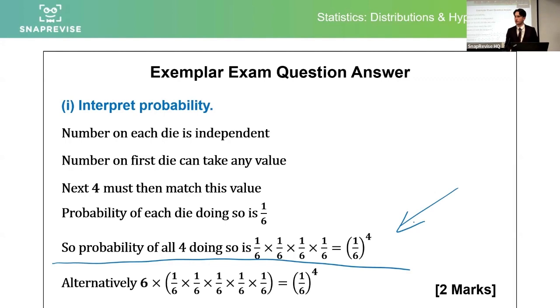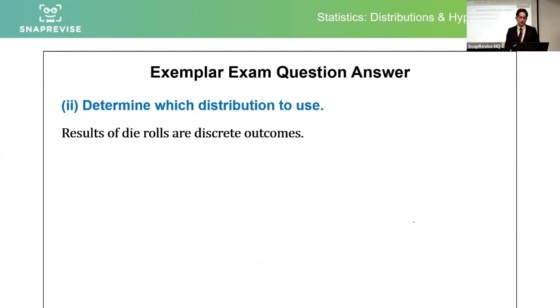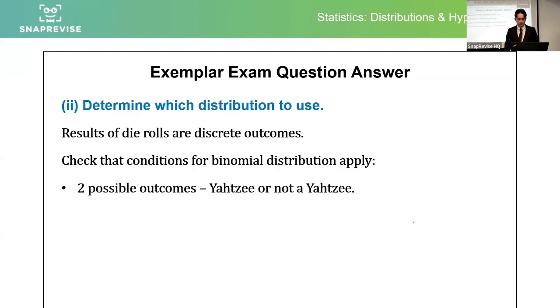Right, let's do part 2 of the question. So this one, we want to work out the chance that it happens 3 times. Now, the results of the die are discrete outcomes. There's 2 outcomes, Yahtzee or not a Yahtzee. This is very common, actually, that they'll use the first part of the question to inform the probability for the second part.